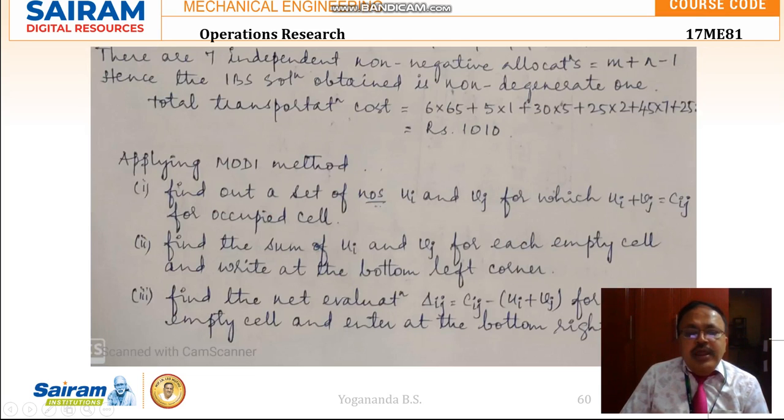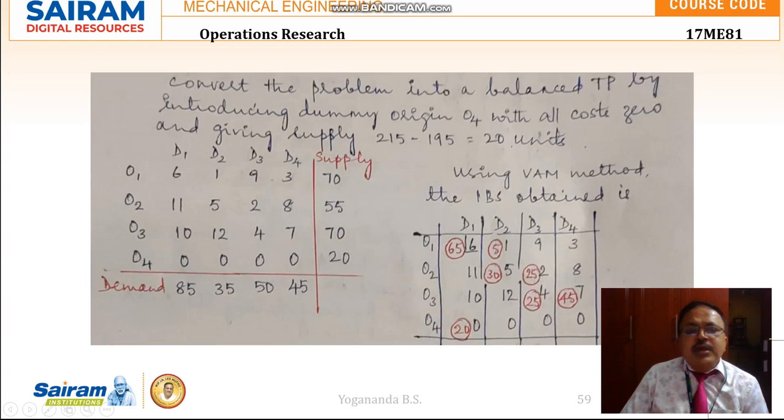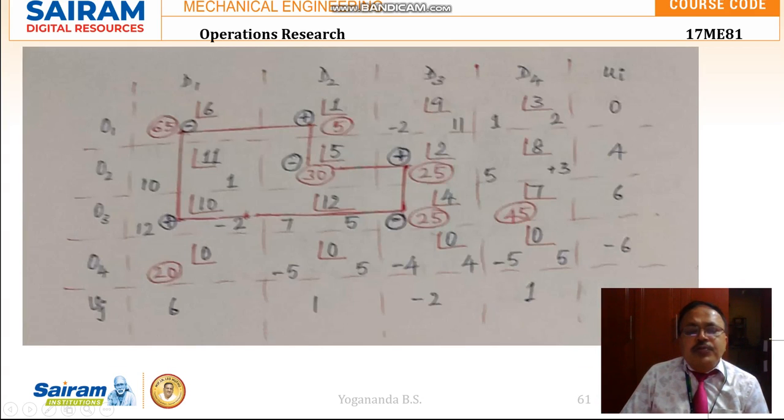Then in the bottom right corner we will find the net evaluation delta. That is cost minus the sum of u plus v. The sum of u plus v is written in the bottom left, so from the cost you subtract that value and write it in the bottom right of each empty cell.